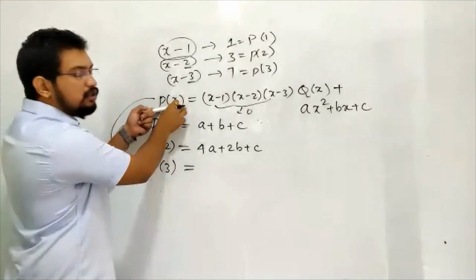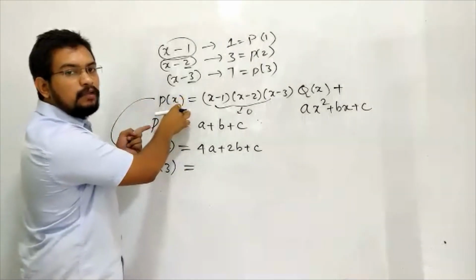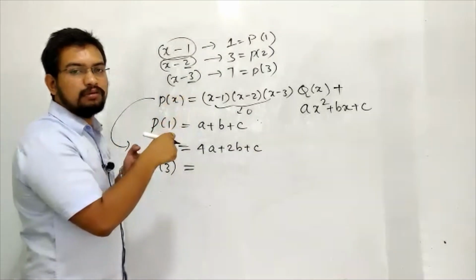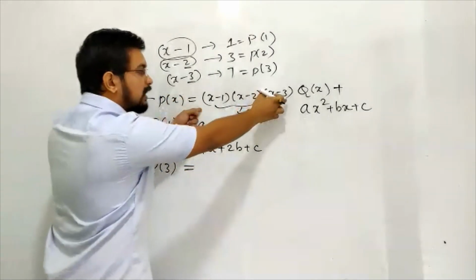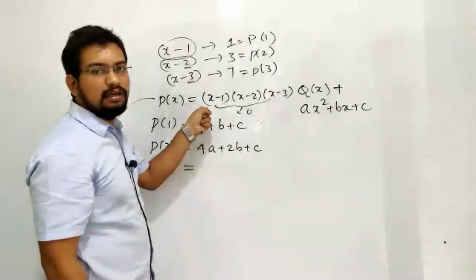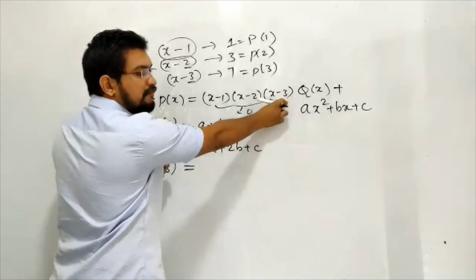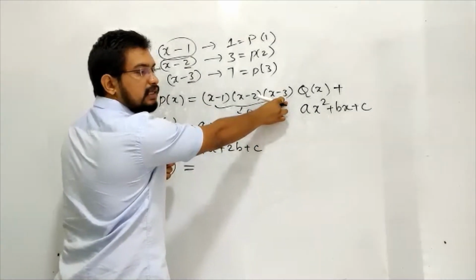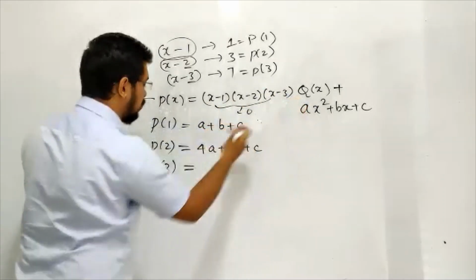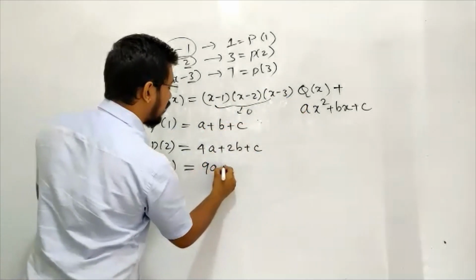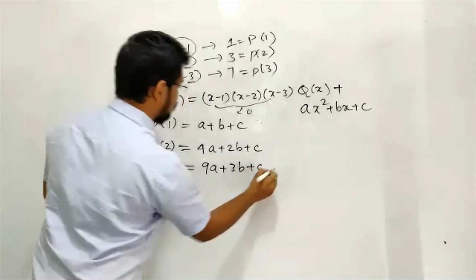Again, I'm substituting 3 into this polynomial. The first term will be 0 because there is a factor x minus 3. Again, this will be tending to 0. So this value is nothing but 9a plus 3b plus c.